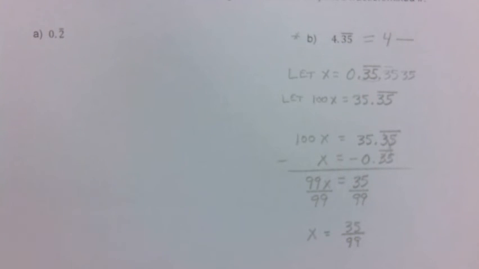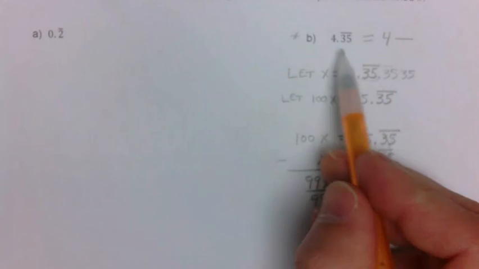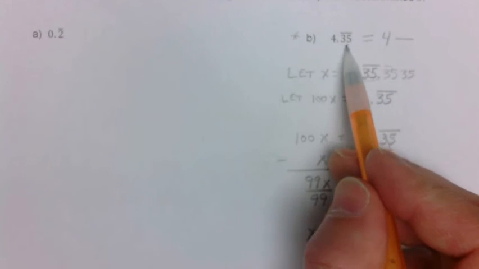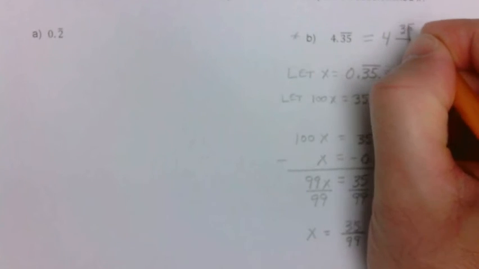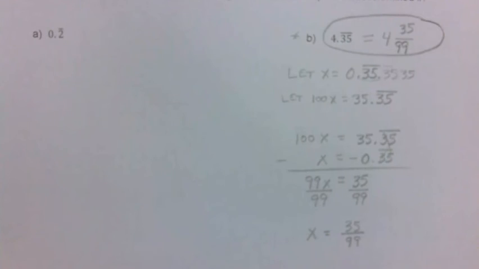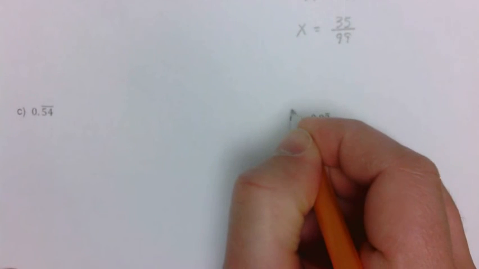Well, I can't think of any factors that these two numbers share besides 1. So this is in simplest form right here. So coming back up here, 4.35 repeated is going to be the mixed number 4 and 35/99ths.